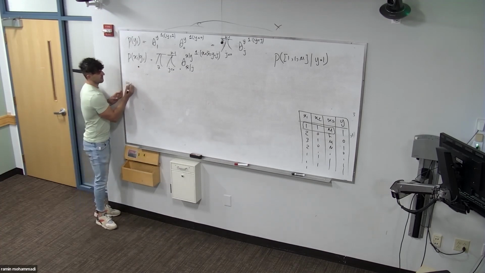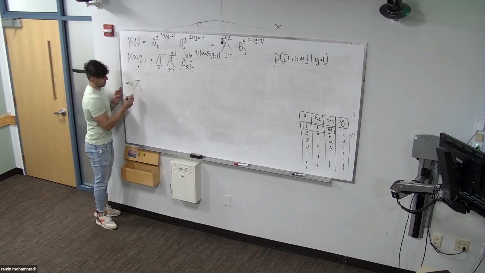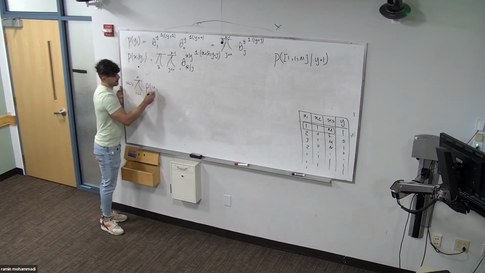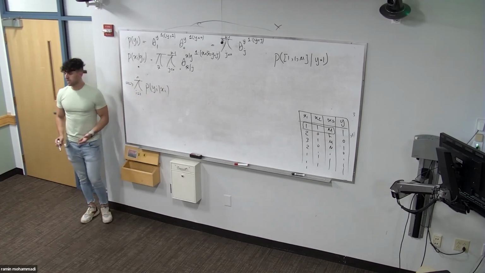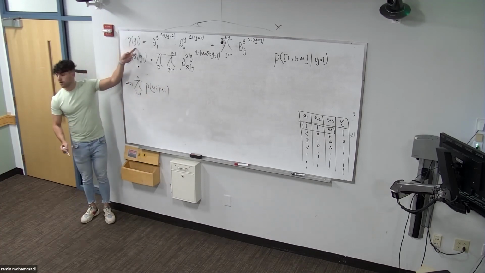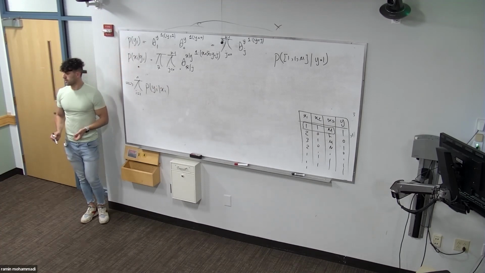Now, we basically say that the probability of the data set is the product of probability of y_i given x_i. And we know probability of y_i given x_i is proportional to probability of y_i times probability of x_i given y_i, right?